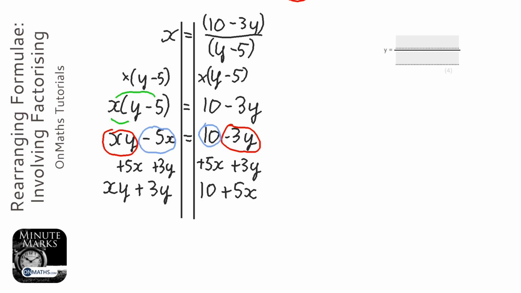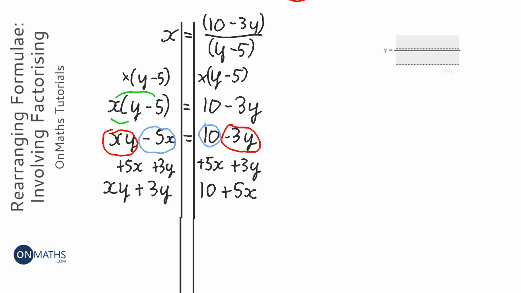Okay, when we have this situation where we've got the brackets gone away and all the y's on the left hand side, and y is what we're looking to do it in terms of, what we want to do is factorize it, so we've just got a single y. So y on the outside, x plus 3.